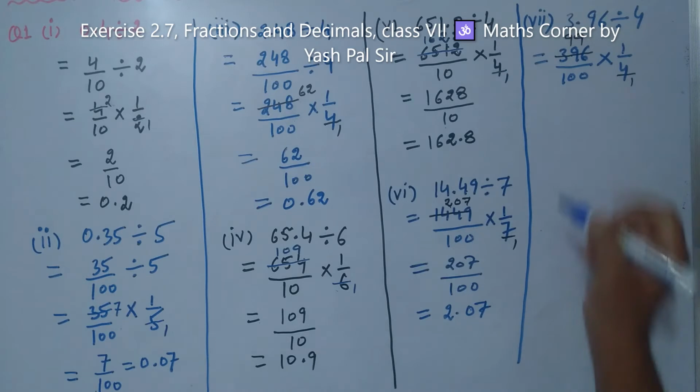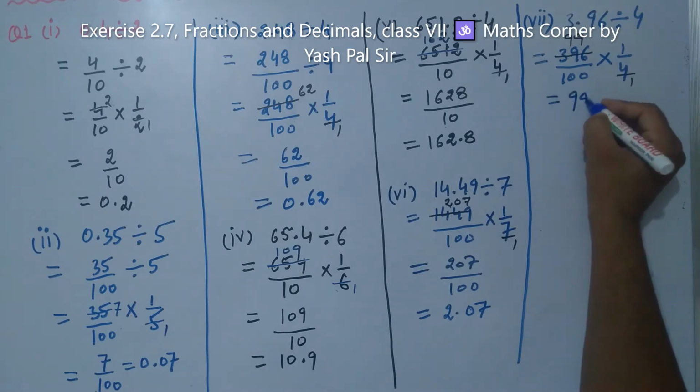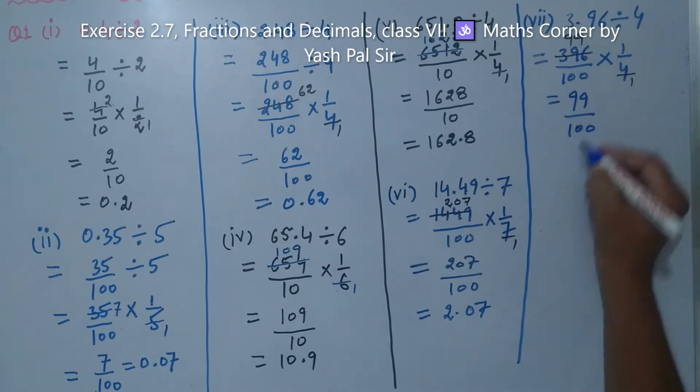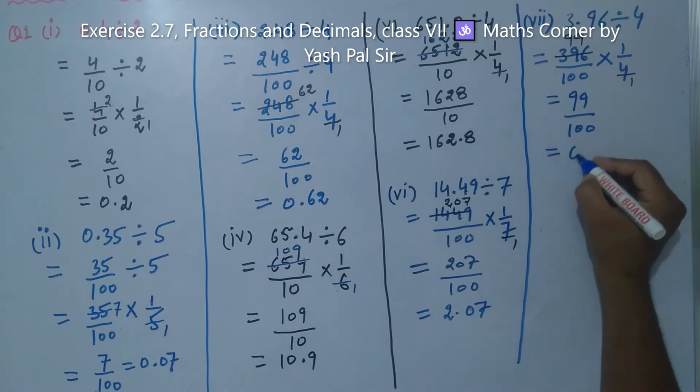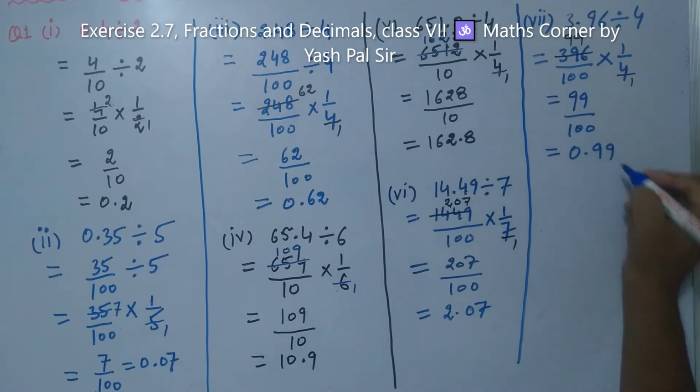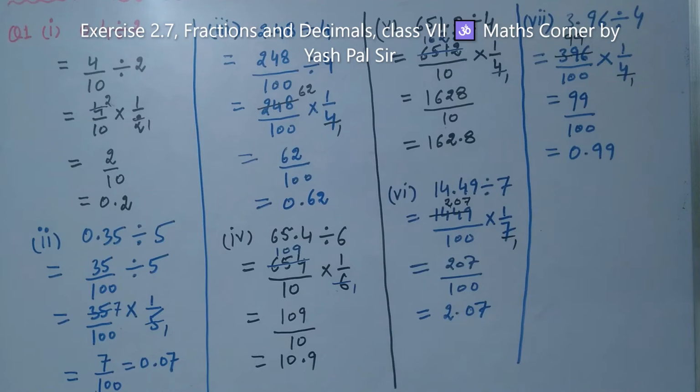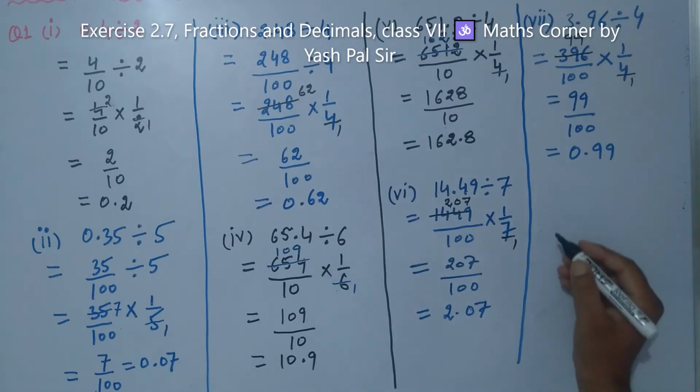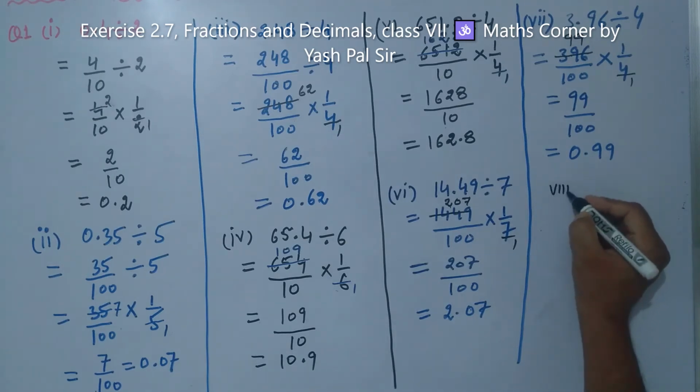So what does it mean? 99 divide 100. This is equal to 0.99.